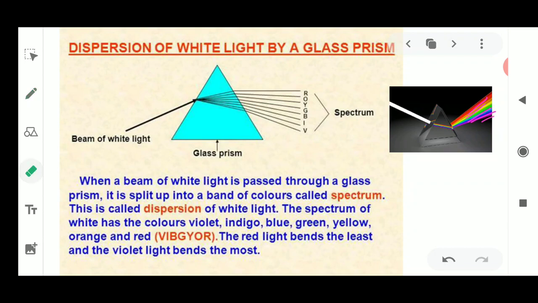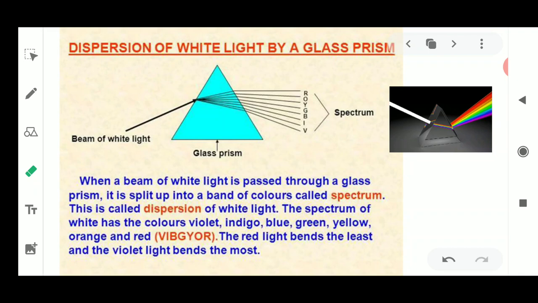These colors are split because of the presence of the glass prism in the center, where the light ray passes from one side and emerges out from the other side. This dispersion of white light by a glass prism is because of the movement of the light ray from one place to another.